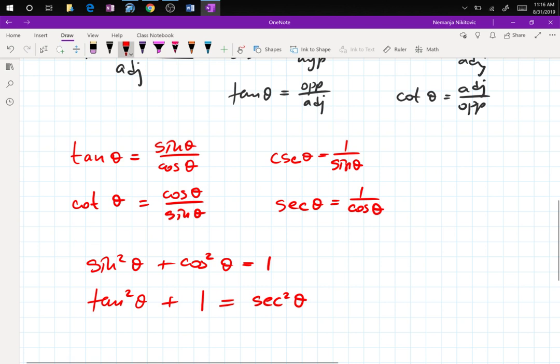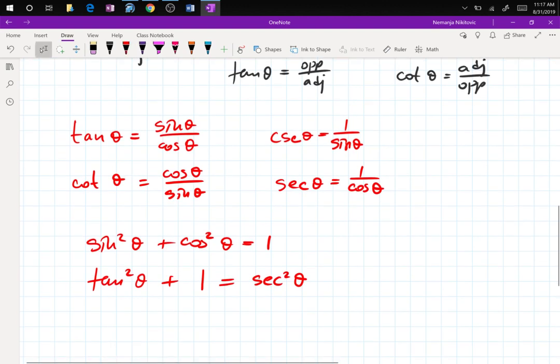And we are going to use them all because trig integrals. If you divide the top equation by sine squared, you get 1 plus cotangent squared theta is equal to cosecant squared theta. Now, I promised 9, I gave you 3. Well, each one of these can be broken into others, like sine squared theta is equal to 1 minus cosine squared theta.